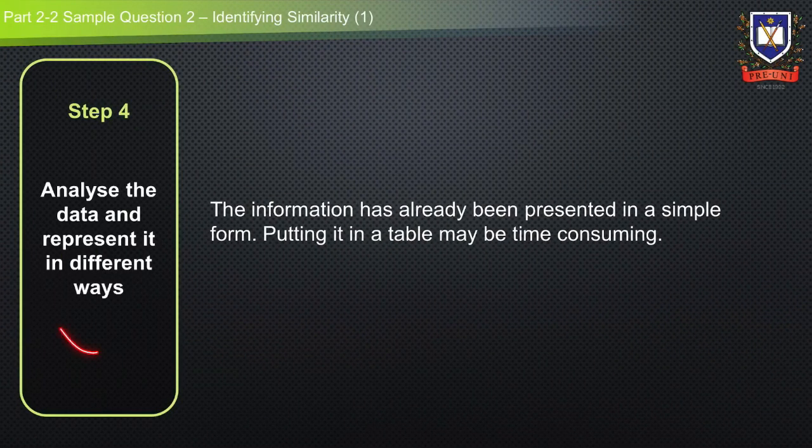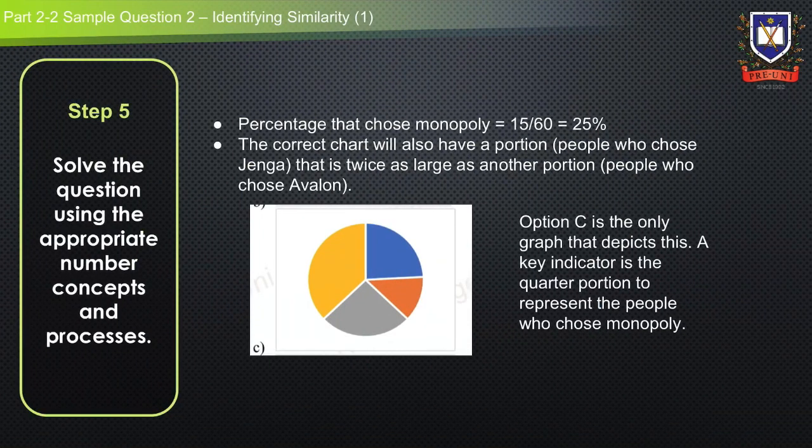Step 4 is to analyze the data and represent it in different ways. In this question, the information has been presented in a simple form. Putting it in a table may be time-consuming and unhelpful. Step 5 is to solve the question using the appropriate number concepts and processes. The percentage of people that chose Monopoly is 15 divided by 60, which is 25%.